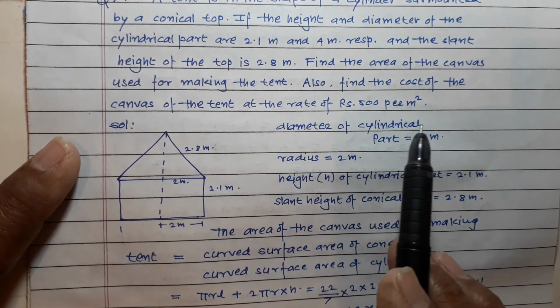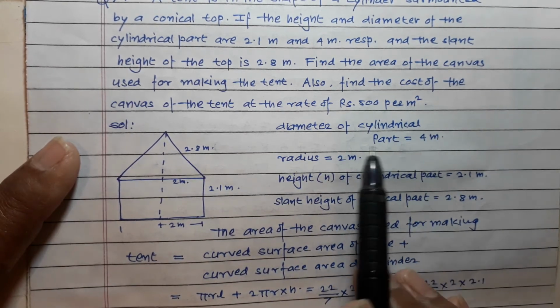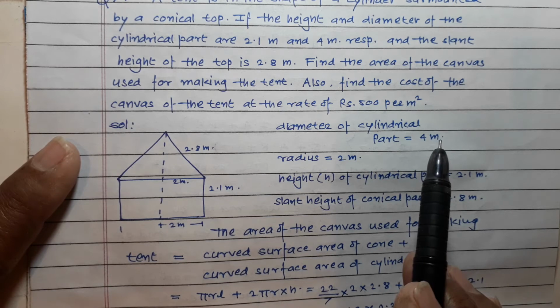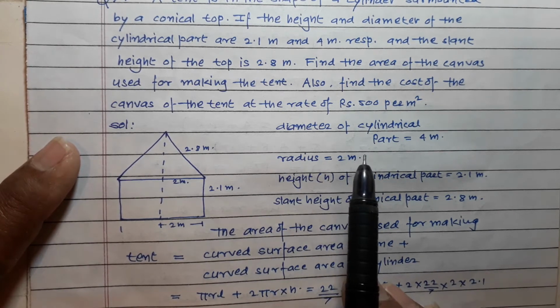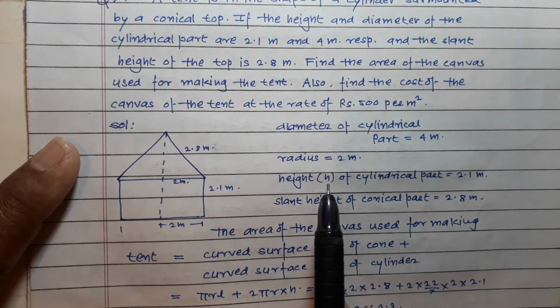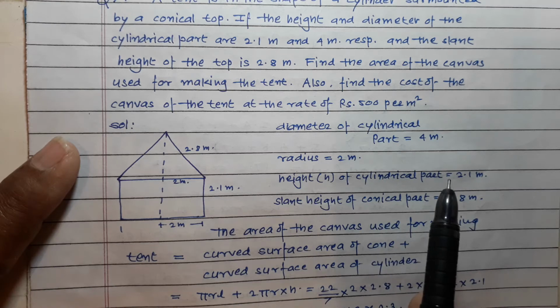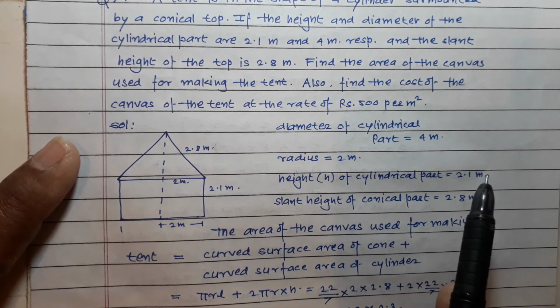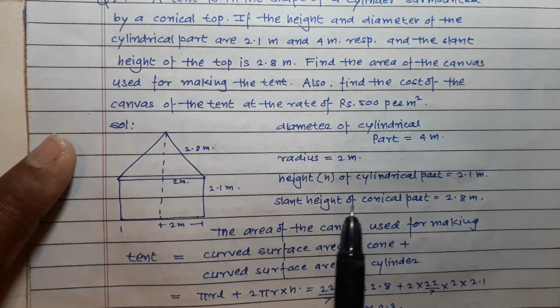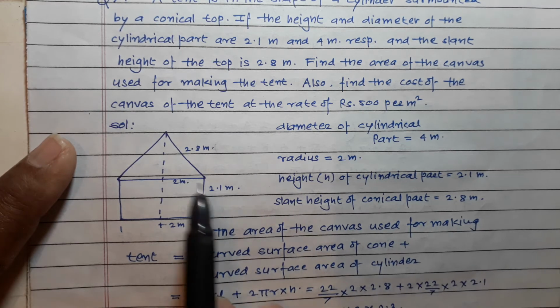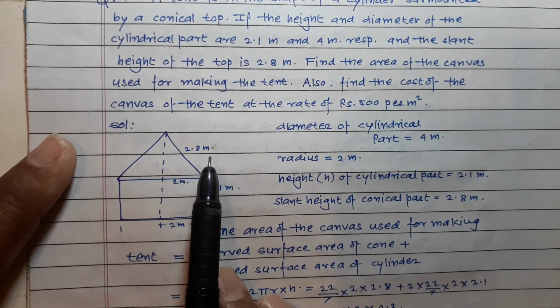So diameter of cylindrical part is equal to 4 meter, and therefore radius is equal to 2 meters. Height h of cylindrical part is equal to 2.1 meter. Slant height of conical part is equal to 2.8 meters.